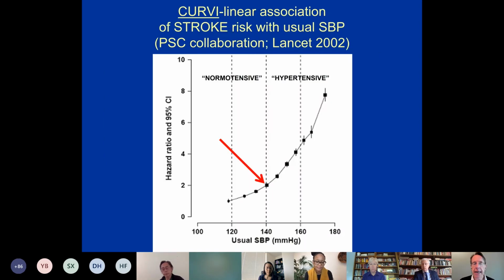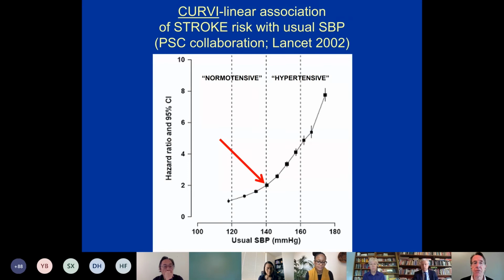And when one looks at the associations between the risk, in this case of stroke, the same would be true of coronary artery disease, and blood pressure, plotted on a standard scale, then one can understand to some extent why there's that dichotomous approach to blood pressure.